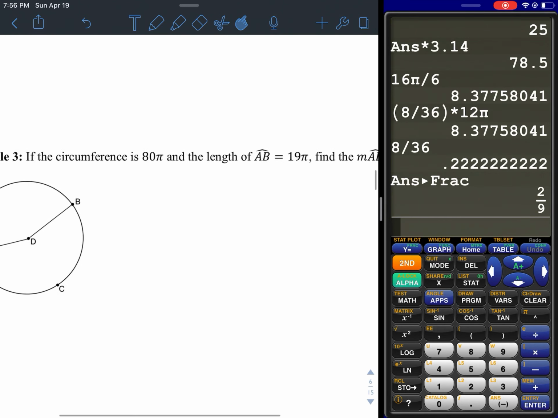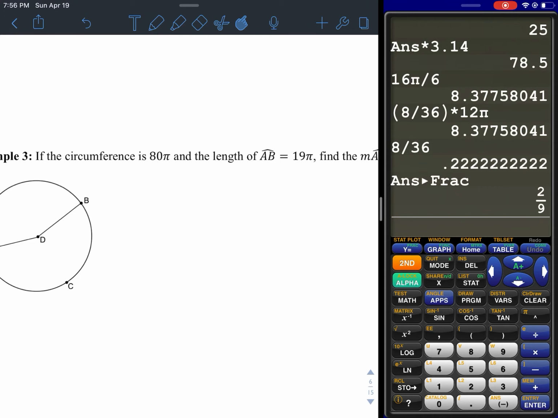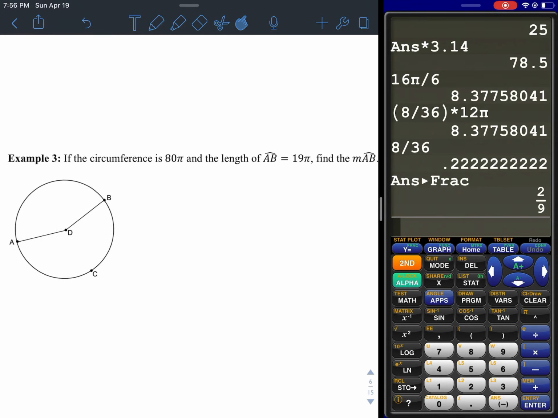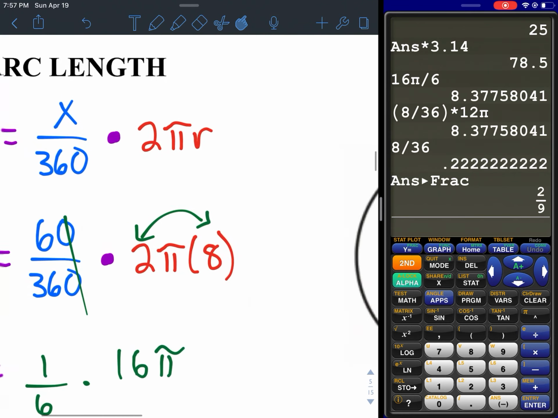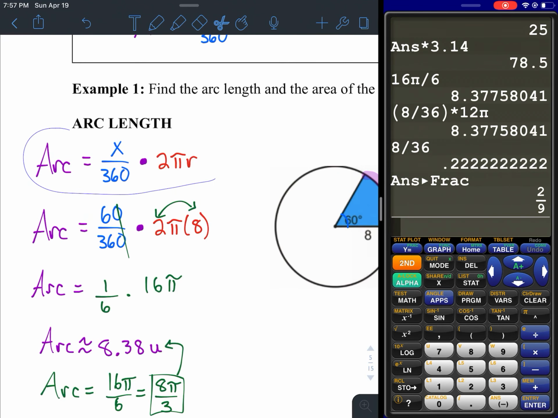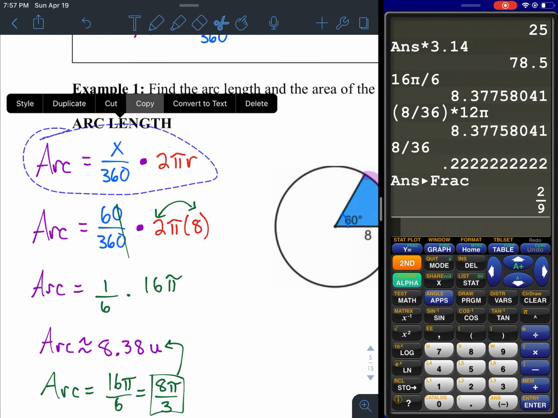All right. So moving on to the last one. So this is a little different because we're asked to find out what the measure of arc AB is in degrees versus what the length is. All right, so it says if the circumference of the circle is 80 pi, so we're given the circumference. And again, let me just get my formula again because that's what we're using for this.